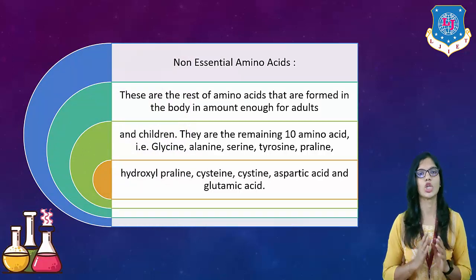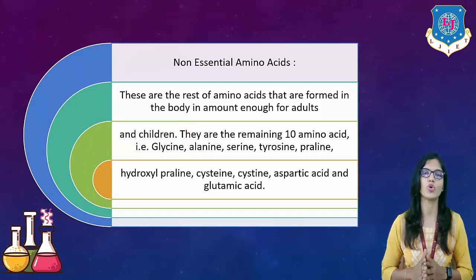Then next is non-essential amino acids. Now what do you understand by non-essential amino acids? So these are the rest of the amino acids that are formed in the body in amounts enough for adults and children. So they are the remaining 10 amino acids.